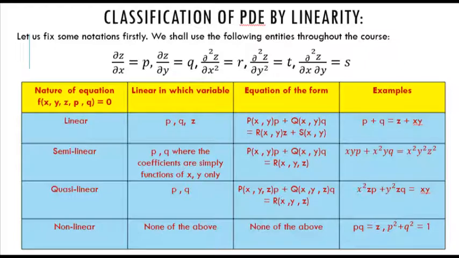For example, x²z·p + y²z·q = xy is a quasi-linear equation. And non-linear means the equation is not categorized in the above mentioned categories. For example, pq = z is an example of a non-linear equation.